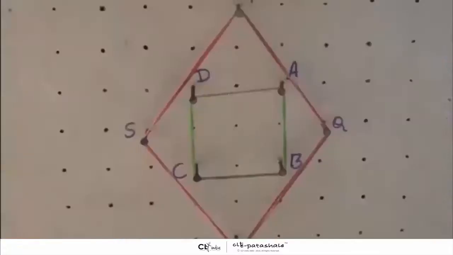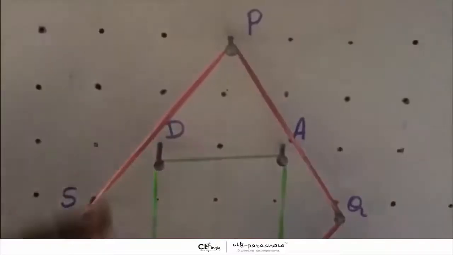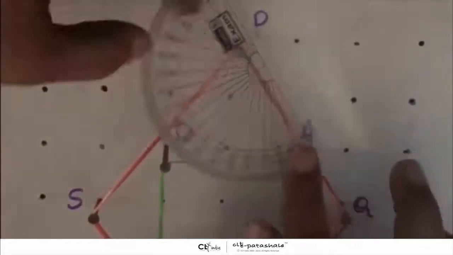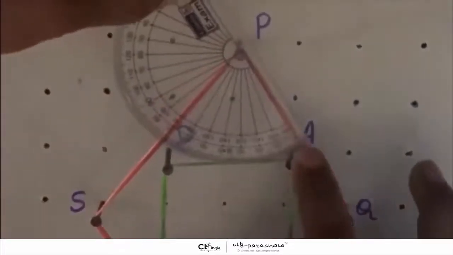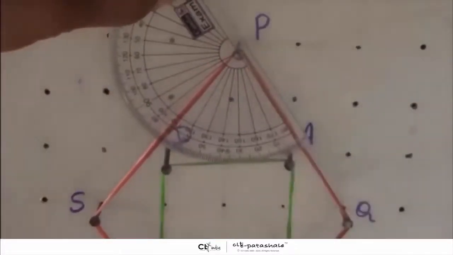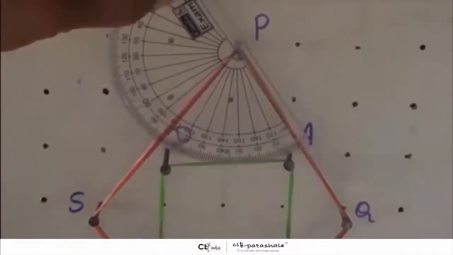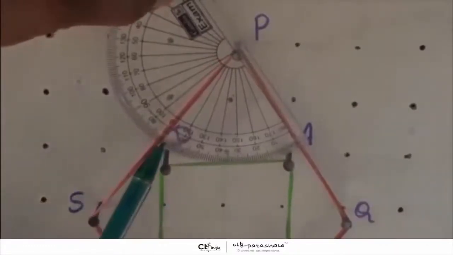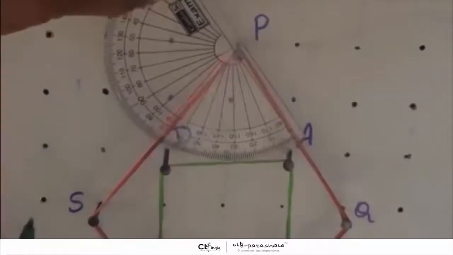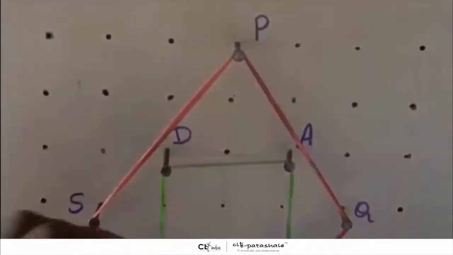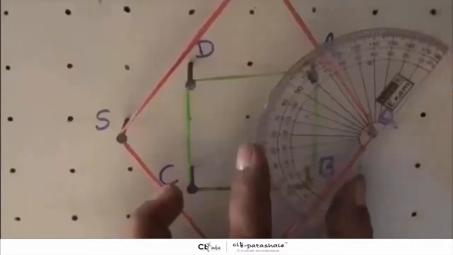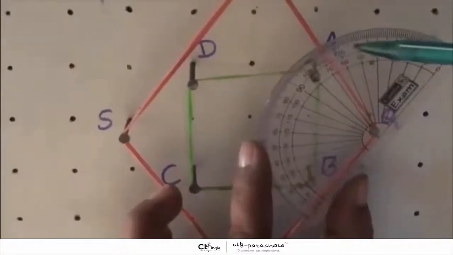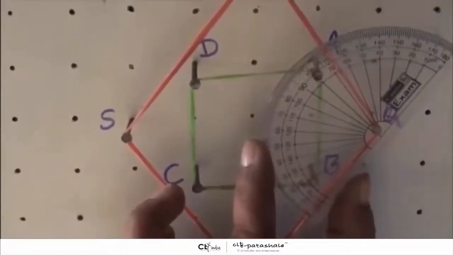Now let's measure the angles of the rhombus PQRS. First we'll measure angle P. As you can see, angle P is equal to 70 degree. Now we'll measure angle Q. Angle Q is equal to 110 degrees.